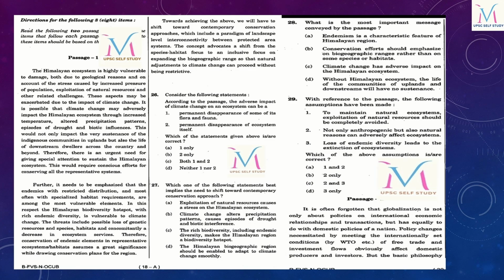The next questions are based upon the passage. Questions 26, 27, 28, 29 are from the passage. The Himalaya ecosystem is highly vulnerable to damage, both due to geographical reasons and on account of the stress caused by increased pressure of population, exploitation of natural resources, and other related challenges.